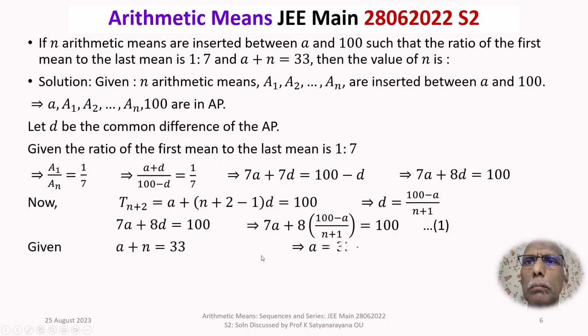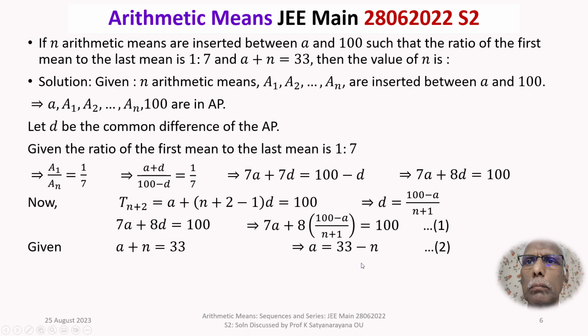So we write a in terms of n, that is 33 minus n, that is the second relation. Now substitute for a, 33 minus n, then the above equation will be in terms of n only, and solving for n we will get the answer.